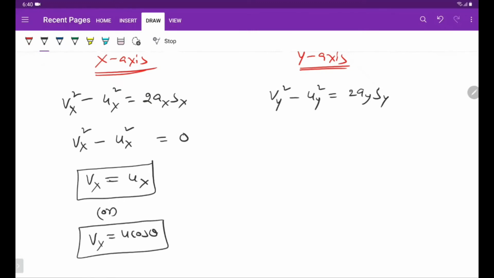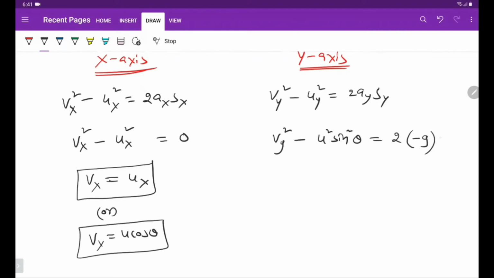The x direction velocity is always constant. But in the y direction, vy square minus uy square, where uy is u sin theta, and ay is always negative, since g is negative in this diagram.